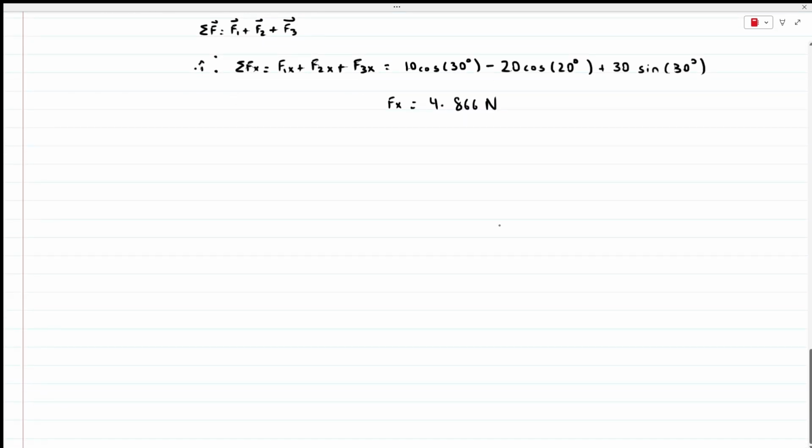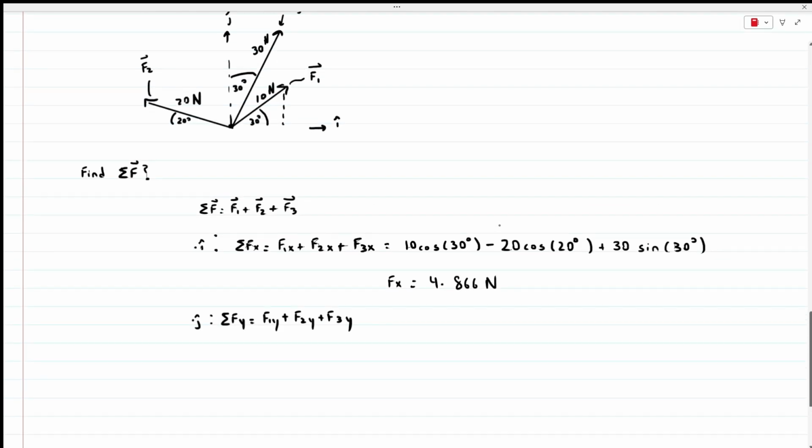What if we projected it in the y direction by dotting with the unit vector j hat? We would get that the sum of the forces in the y direction is equal to F1y plus F2y plus F3y.